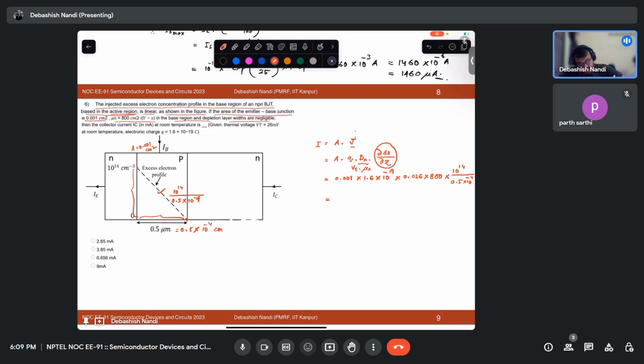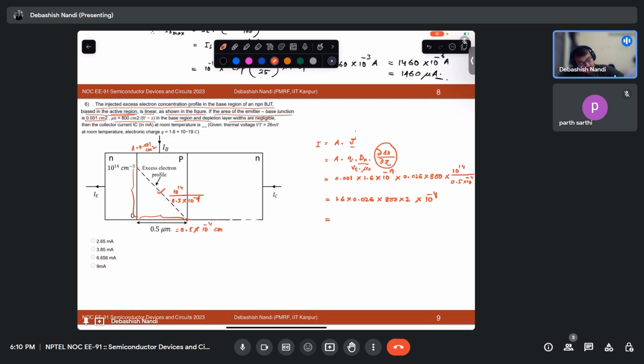So if you compute this, you will find the current to be 1.6 times 0.026 times 800 times 2 times 10 raised to minus 3 minus 22 and 18, 10 raised to minus 4.